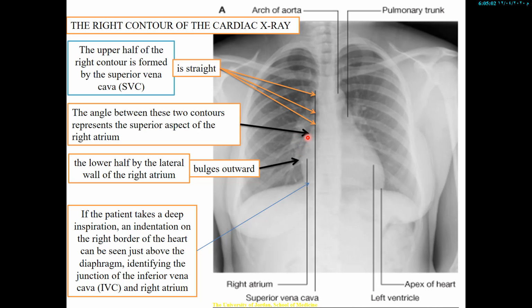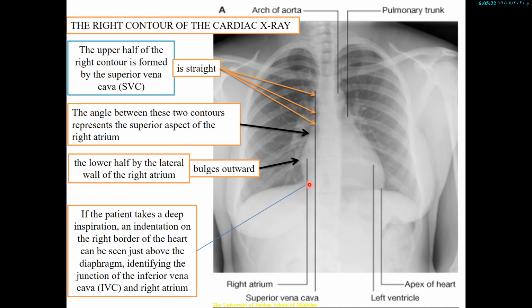So therefore the whole right atrium is bulging to the right side. Inferiorly here we would see the short segment of the inferior vena cava.